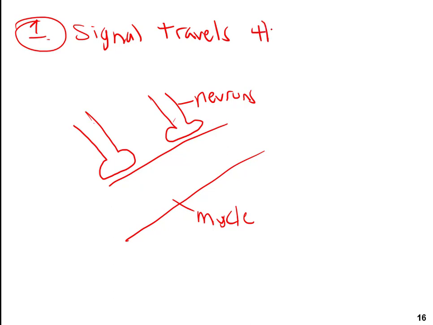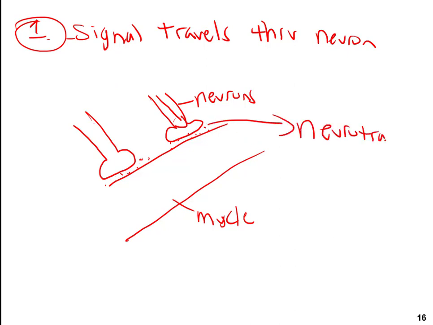When that signal reaches the end of the neuron, it is going to release some neurotransmitters here. Neurotransmitters are what your neurons release to tell your body to do stuff. The neurotransmitter to tell a muscle to contract is called acetylcholine, or ACH.